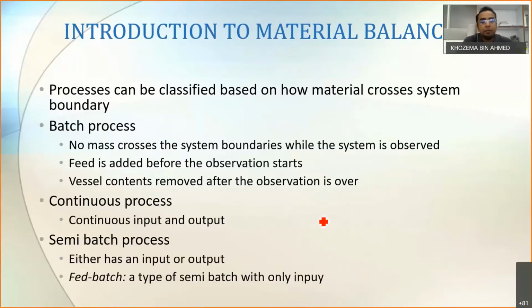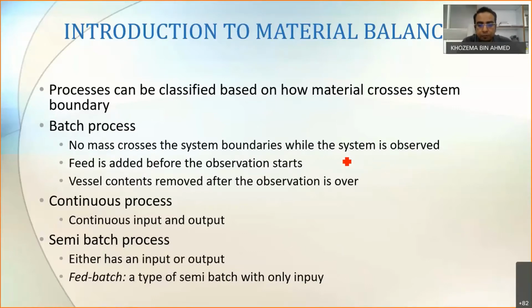Next, if you have open and closed systems, we have a few process classifications on how the material crosses the boundary. The first one, we call batch processes or batch system, where no mass crosses the system boundary while the system is being observed.